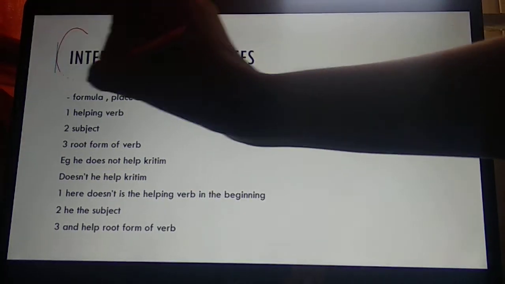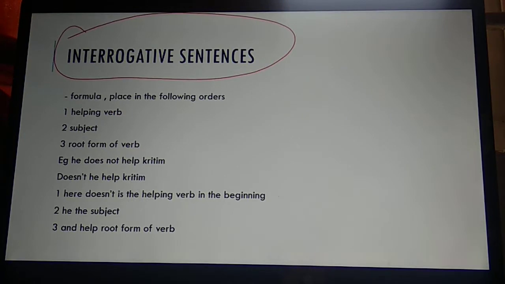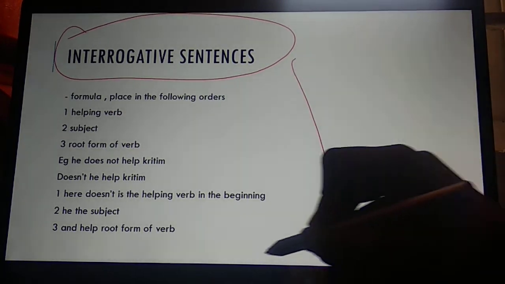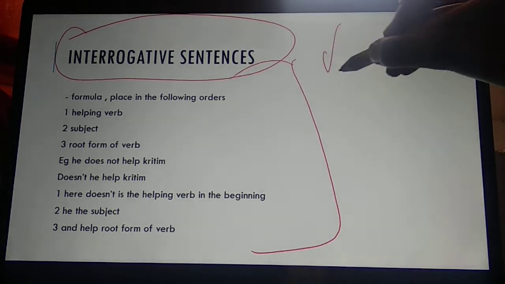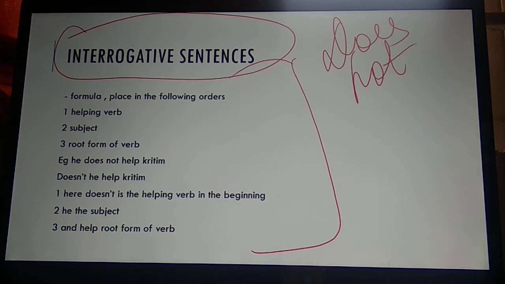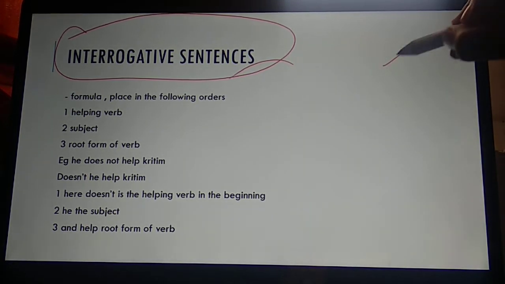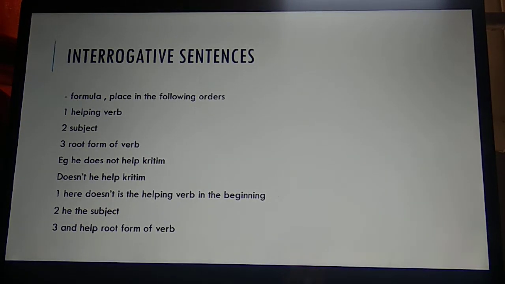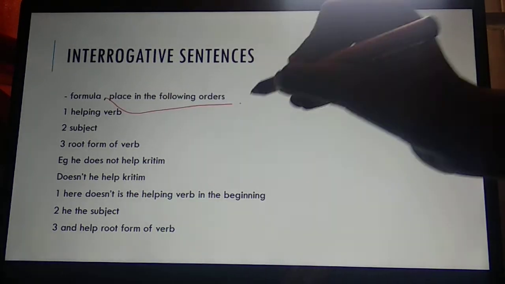Now we will learn how to form interrogative sentences from them. We all know that does not or doesn't, didn't, don't, they all are negatives. They are used to make a particular sentence negative. Now how are we gonna form interrogative sentences from these sentences? Let's learn this. Like in mathematics, we have various formulas. I have put one formula over here. Place in the following orders.